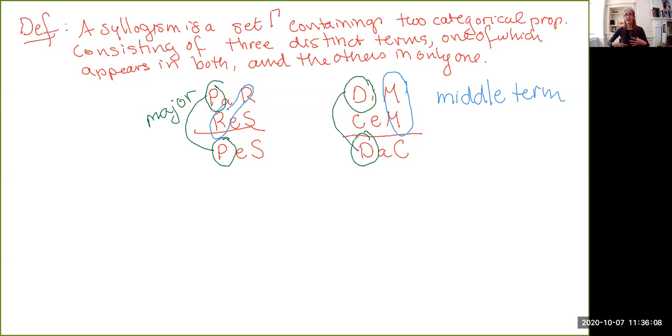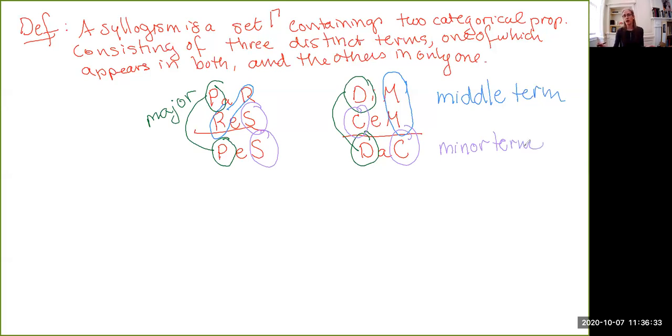It's the one that is saying what is actually the case of something else. And then we have the last one, so the one that occurs as the subject of the conclusion and also occurs in the second premise. This one is called the minor term.